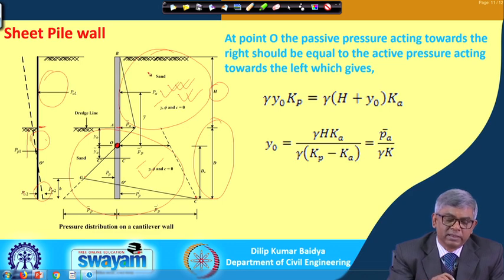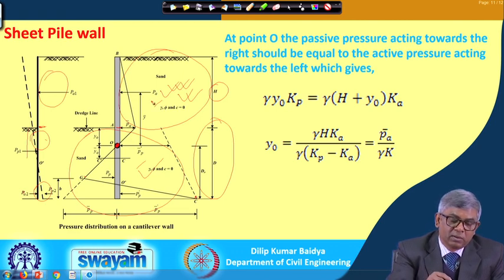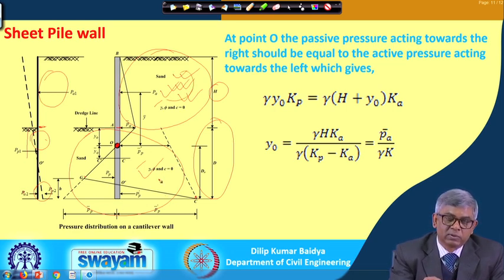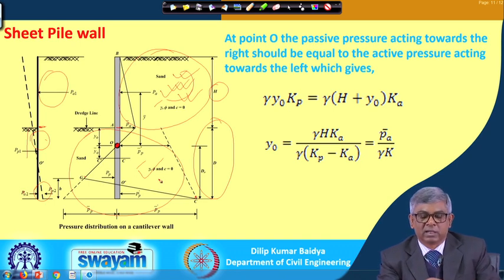So, we will not discuss it at length, I am only telling you the different combinations. That means only sand, that is, retained soil also sand and embedded soil also sand. If the retained soil is sand and the embedment is in cohesive soil, then there will be another type of analysis.